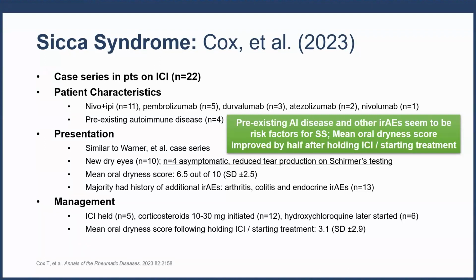There were 10 patients that did note dry eyes. So, approaching a little bit like half of patients, or a little bit under half of patients, had dry eyes. What was very interesting, I think, is that 4 of the patients were completely asymptomatic, but on testing were shown to have reduced tear production.